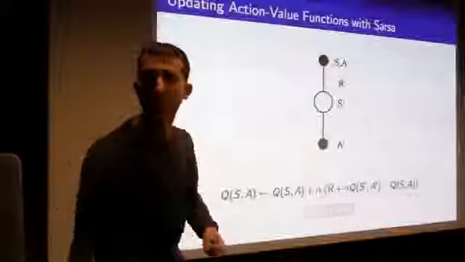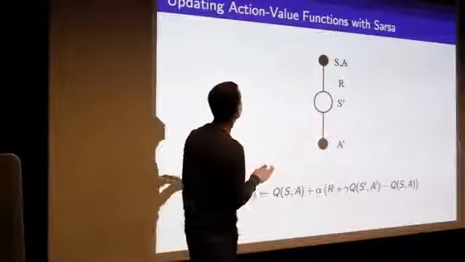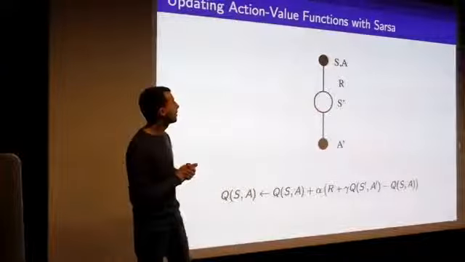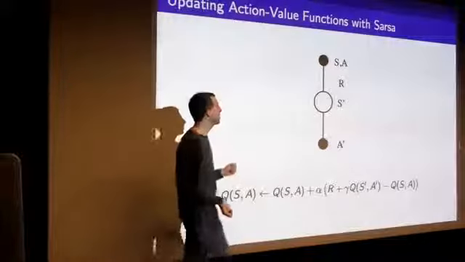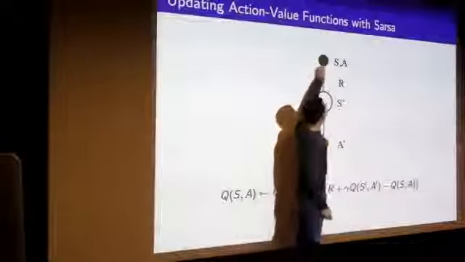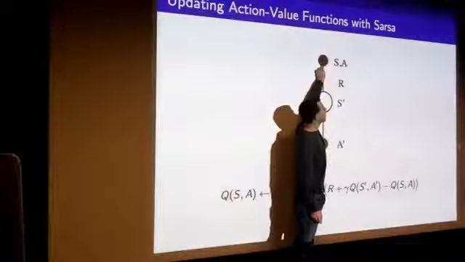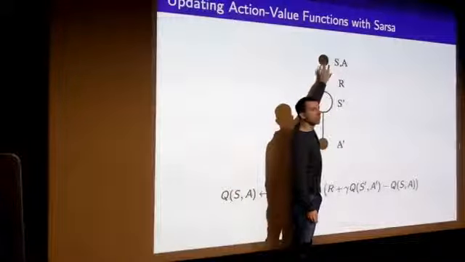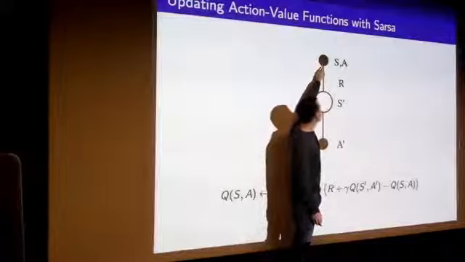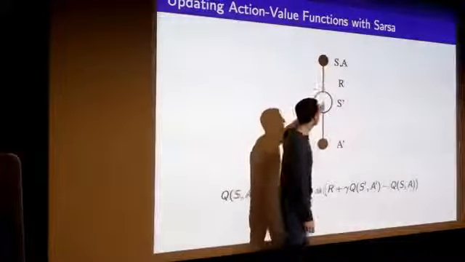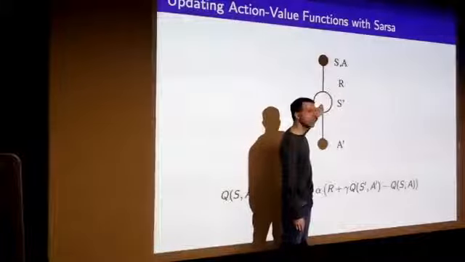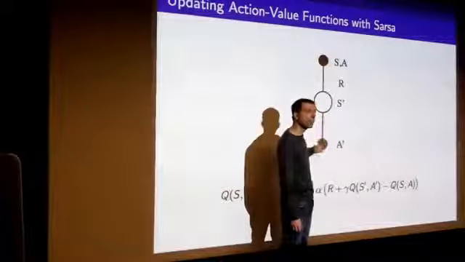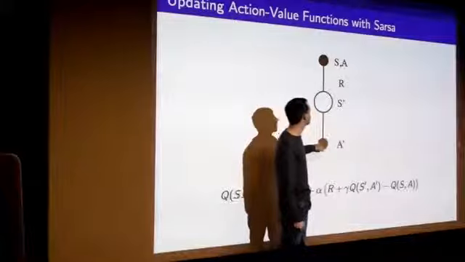Okay? So the general idea is called SARSA. So why is it called SARSA? Well, this diagram should illustrate it. We're basically starting off in some state action pair. That's this black dot, a decision node. We're basically choosing an action.